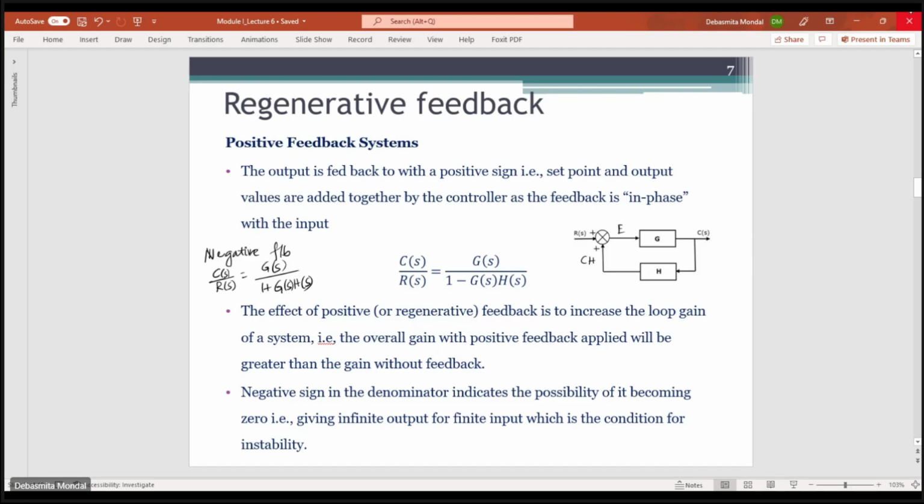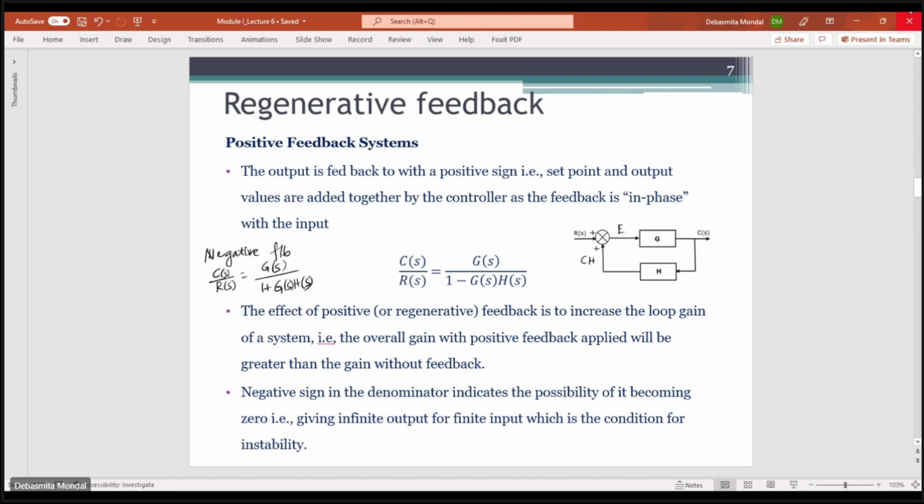The overall gain of the positive feedback system will be greater than the open loop gain. The open loop gain was only G(s), but with positive feedback the overall gain becomes greater.